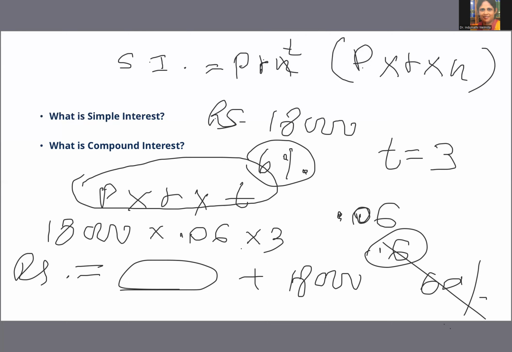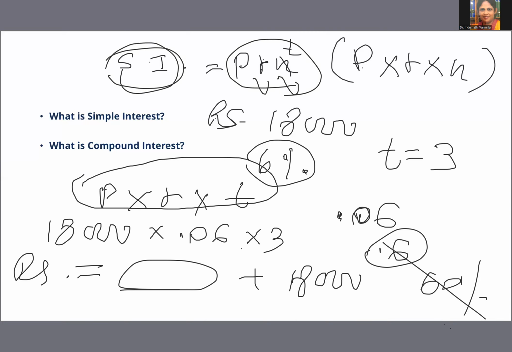That is a very easy thing. I'm not going to explain this further. To calculate simple interest, we need three values: the principal amount, the interest rate, and the time period. Then we can find the interest.